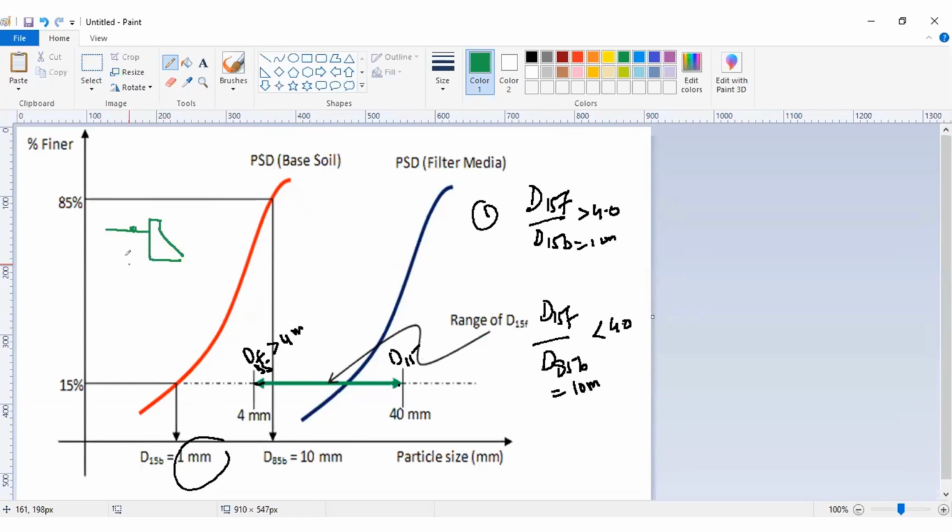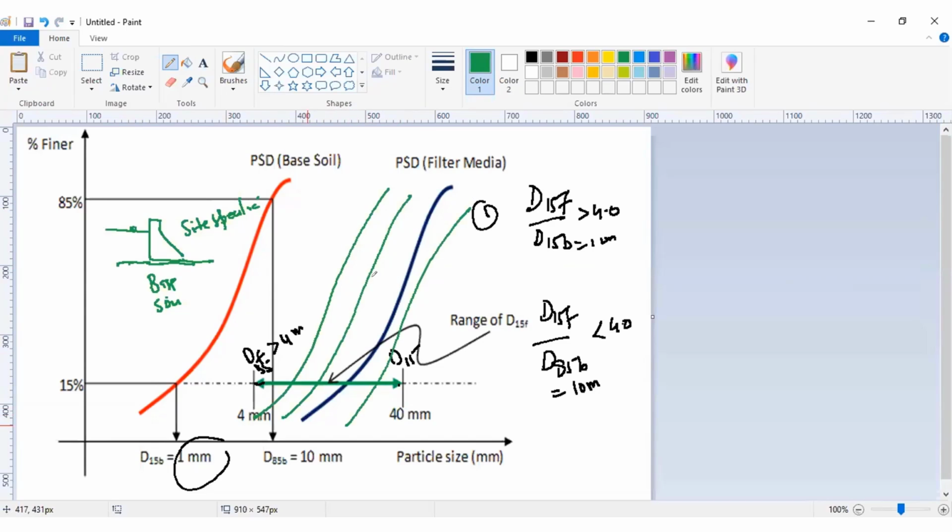and the hydraulic conditions, the geometric conditions, and the properties of the base soil are site specific. But when you see the solution, you can see there are infinite solutions possible.